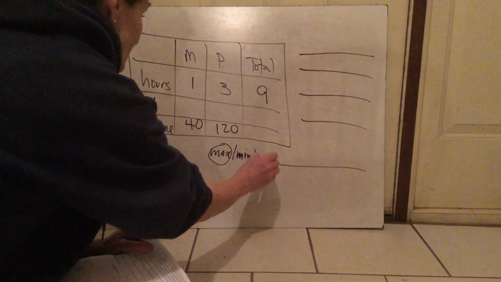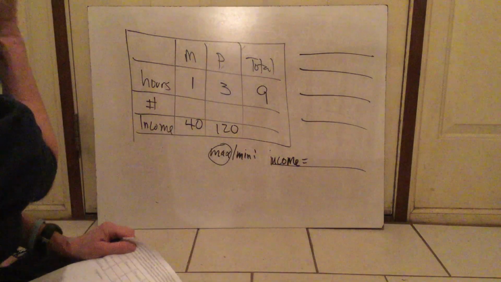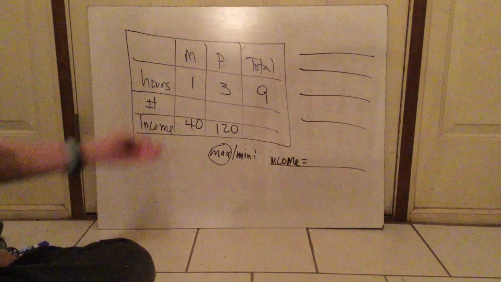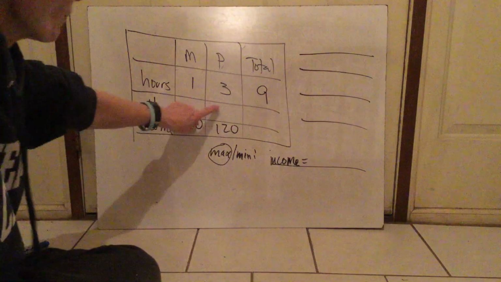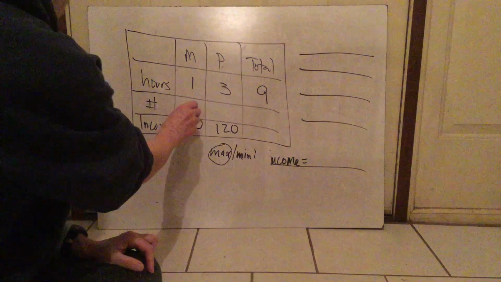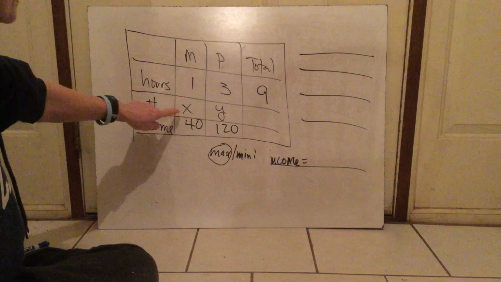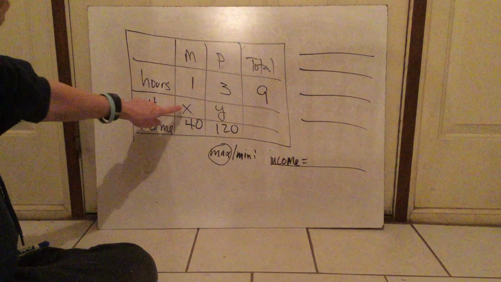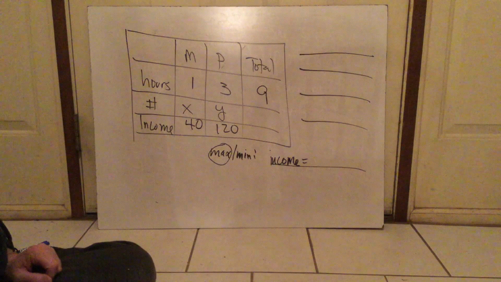So I want to maximize the income, and I need to write an expression for that. But before I do, I need to get my variables. I don't even have any variables in here yet. So what are we going to let X and Y represent? X and Y are going to represent, not the number of hours, but the number of lawns that I mow and the number of shrubs that I prune.